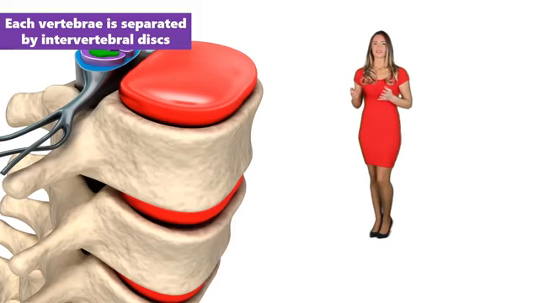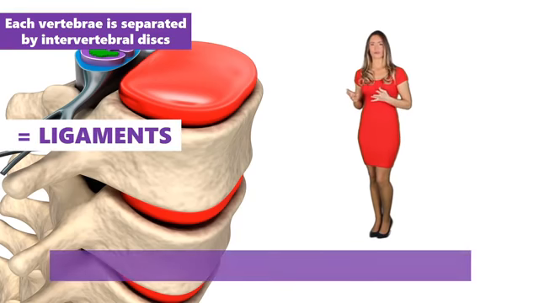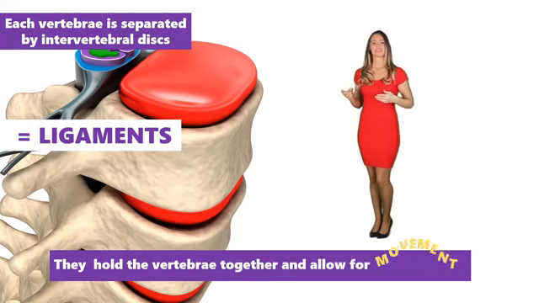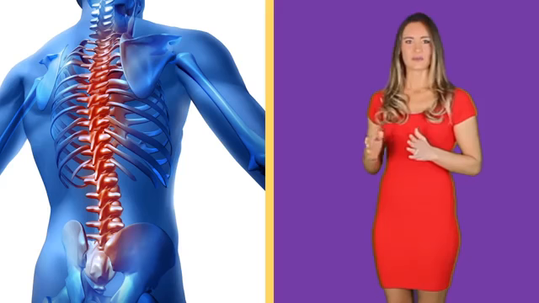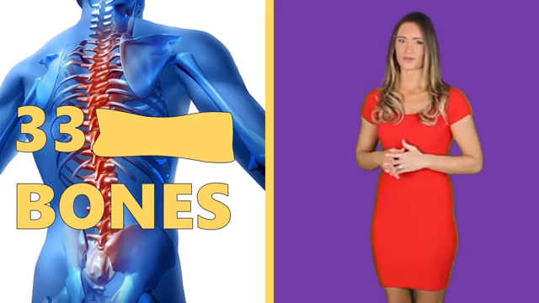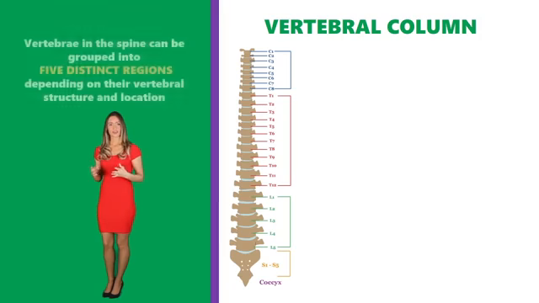Each vertebrae in the spinal column is separated by intervertebral discs, which act as ligaments that hold the vertebrae together and allow for movement. The human vertebral column is made up of 33 bones, or vertebrae. Vertebrae in the spine can be grouped into 5 distinct regions, depending on their vertebral structure and location.